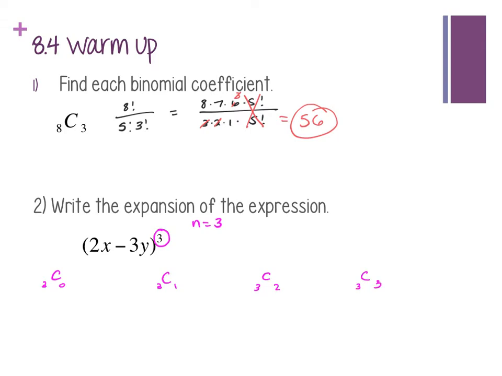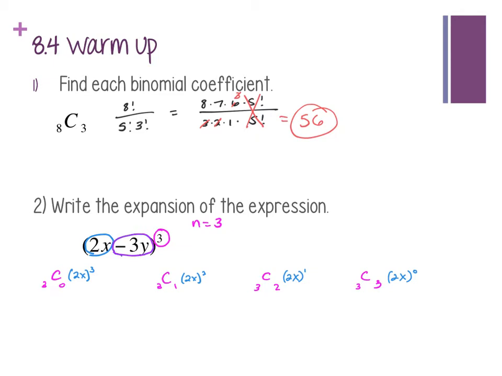No, sorry, 3,3. Then the second part comes from this first term to the highest exponent decreasing. So it would be 2x to the third, 2x to the second, 2x to the first, and 2x to the 0. And then the third part comes from this second term, which has a negative, and that negative is important.